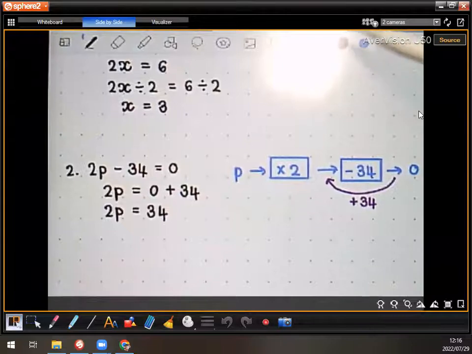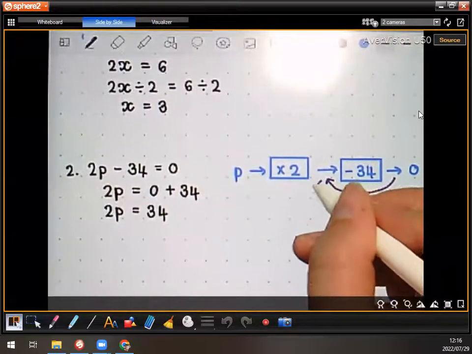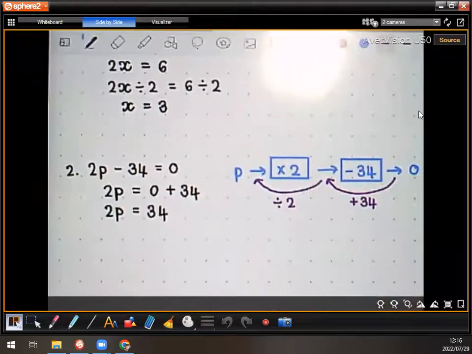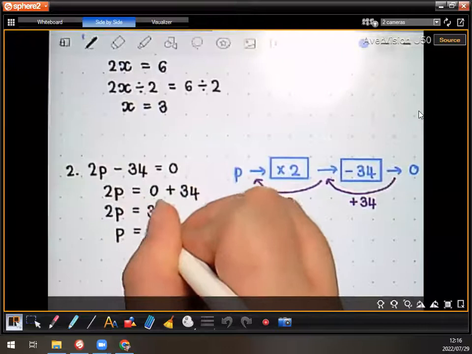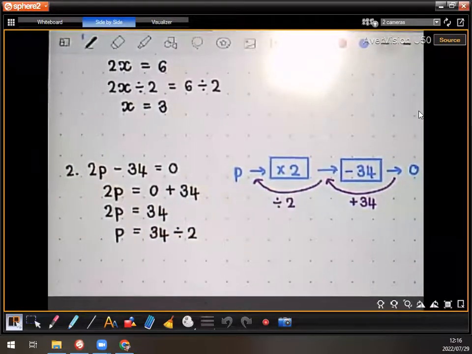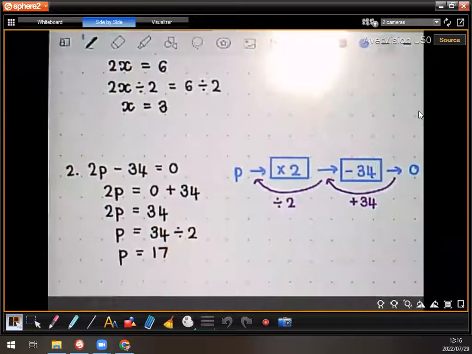Okay, then if we look back at our flow diagram, what is the opposite of times by 2? Dividing by 2. So now we're going to say p is equal to 34 divided by 2, which is what? 17.